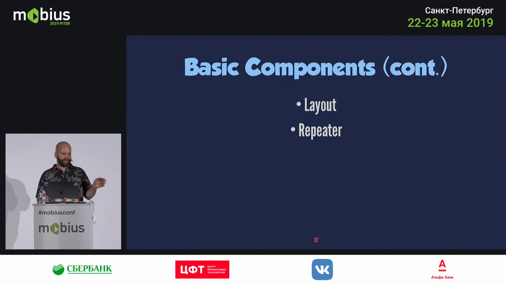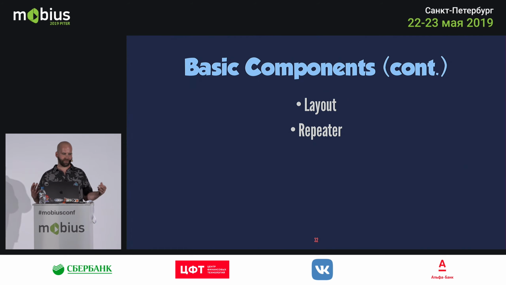This is an interesting, recent development. We originally had a list as its own component, and you could bind data to it. But when we needed to do heterogeneous lists, things got really complicated. So we thought, if the layout has a scrollable property and you can put things in it, and you have something called a repeater that you can also put in there, you're implicitly defining a recycler view.